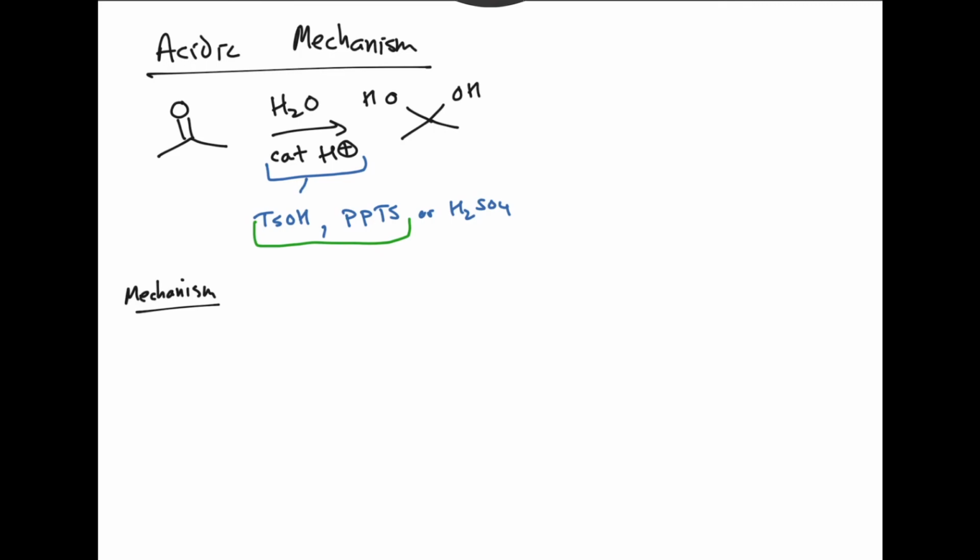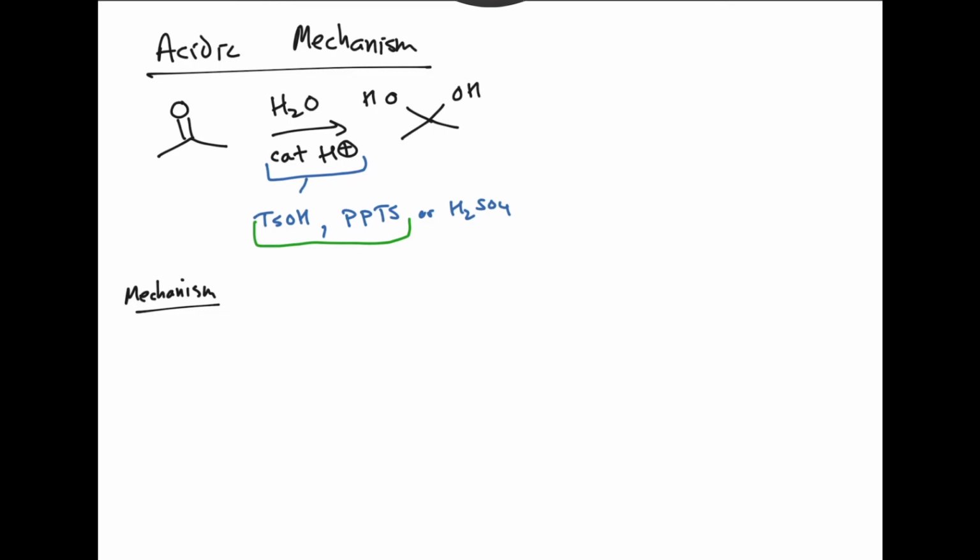The mechanism. The first thing we have to remember is when we have water and acid, what's going to happen first is the water is going to react with the acid to make H3O plus. So the acid that we're adding doesn't actually ever react with the carbonyl, doesn't ever react with the ketone or the aldehyde. It reacts with the water, and then that is what reacts with the ketone or aldehyde.